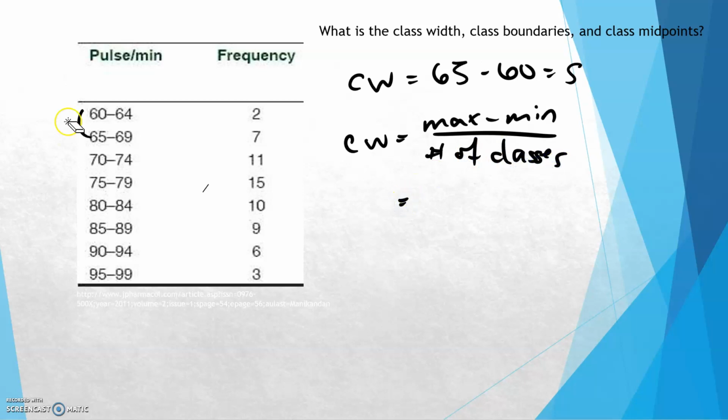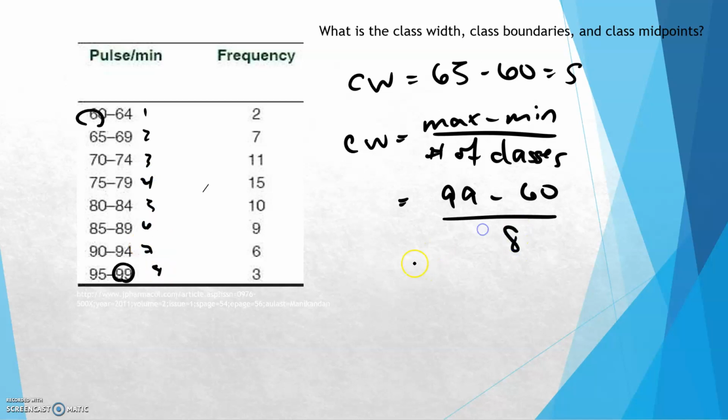Well, our maximum number is 99. Our min number is 60. And we have 1, 2, 3, 4, 5, 6, 7, 8 classes, which would give us 4.875. So we always round up despite what these numbers are here. If it's a 0.1 or if it doesn't come out to just 4 exactly, we're going to round up. So it comes out to 5 again, just like we have here.